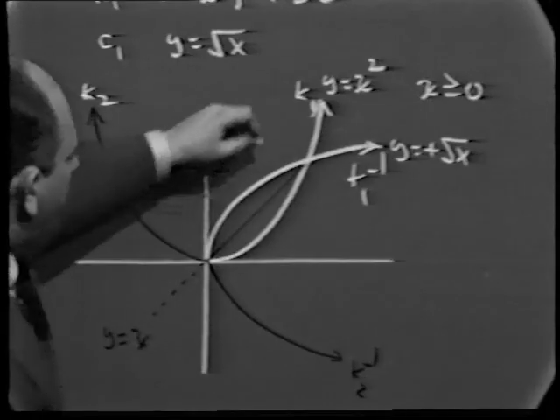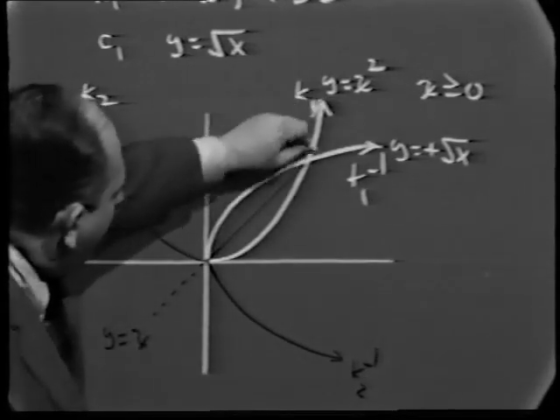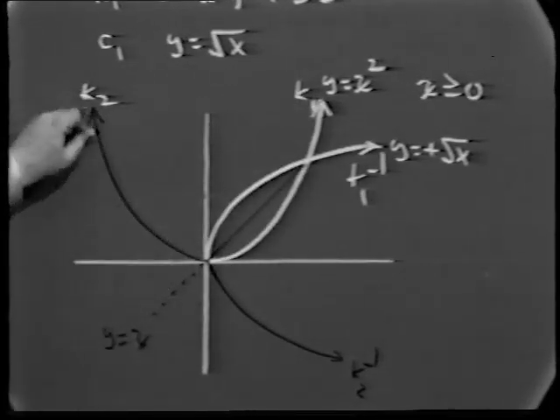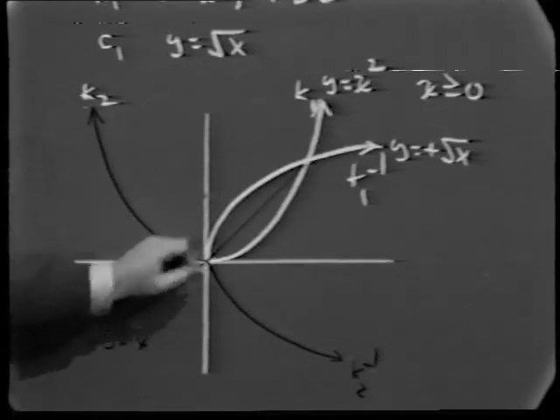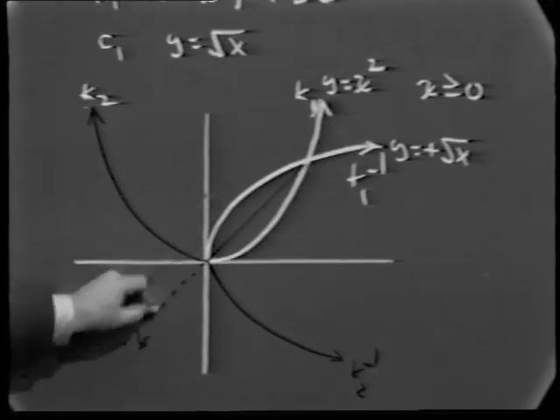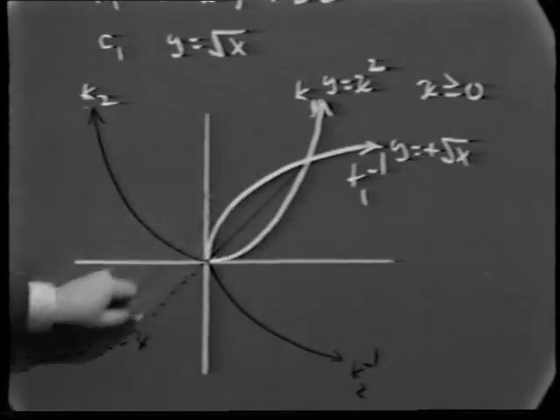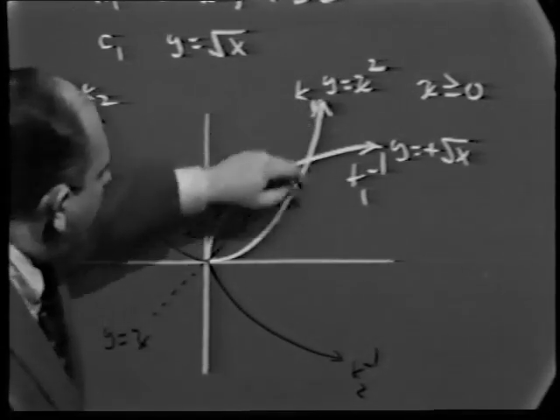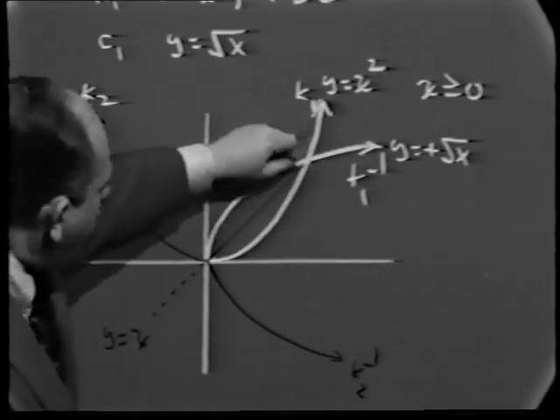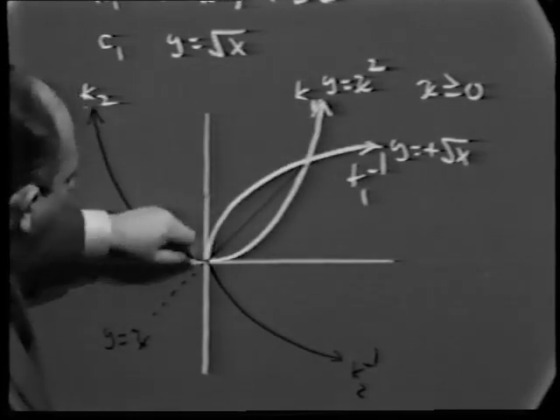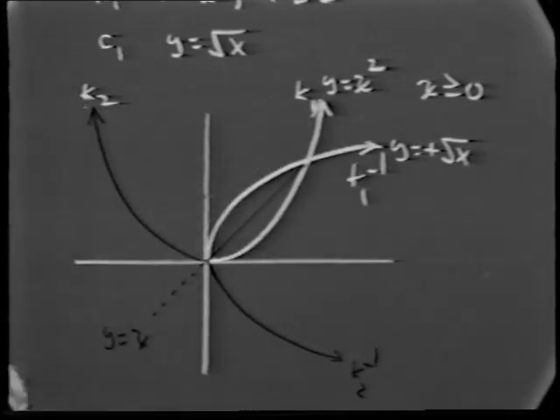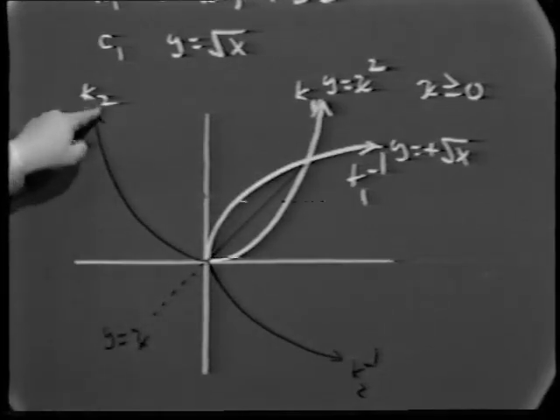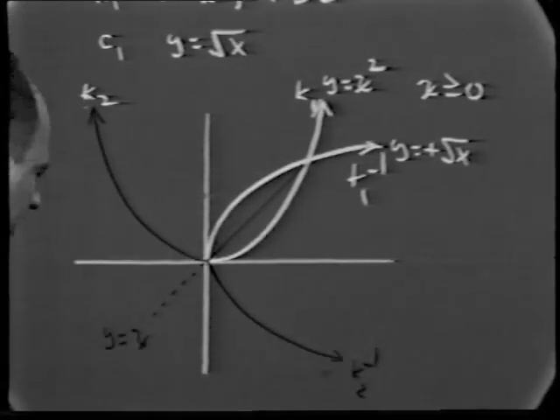And how do I find them? Again, with respect to the 45-degree line, the line y equals x, notice that K1 and K1 inverse are symmetric with respect to this line. And similarly, so are K2 and K2 inverse.